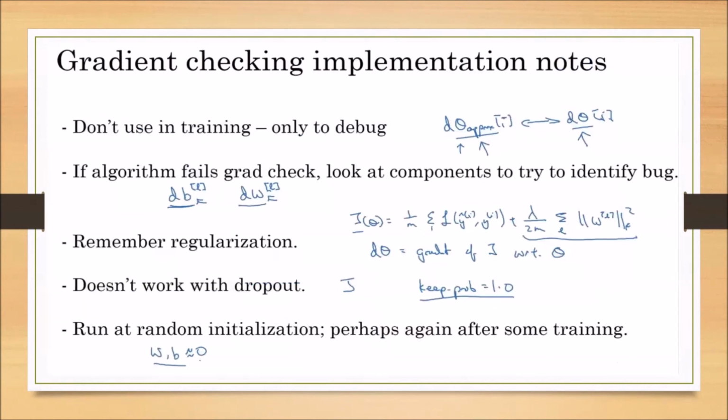Now, to find that fault, first we have to check which values are mismatching. In d theta approx and d theta, all values may not mismatch. Only some particular values may mismatch. Now we can check which particular layer's values are mismatching.